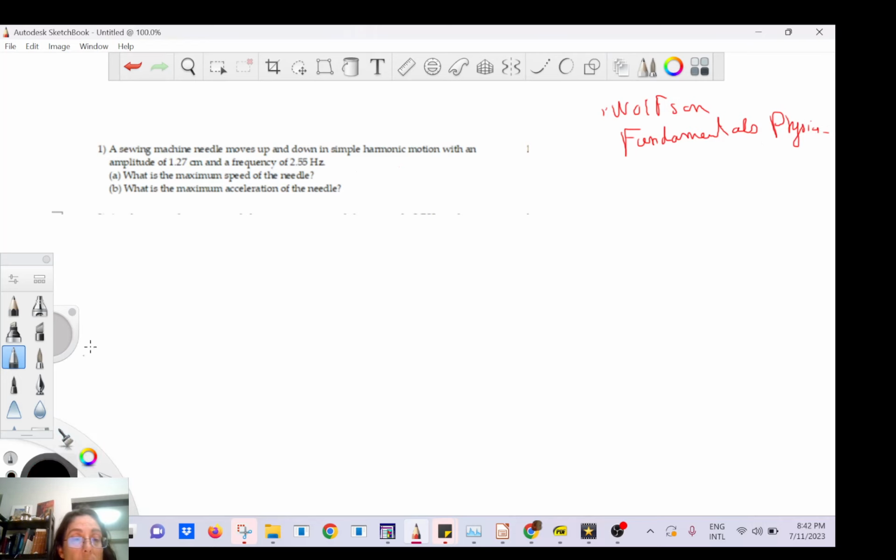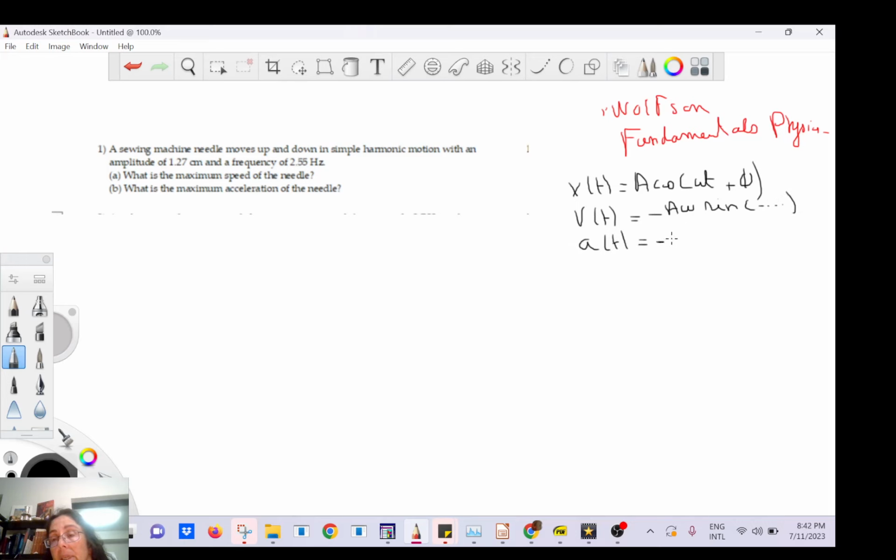Okay, let's try to apply what we have learned. So what did we learn? We learned that displacement is A cosine omega t, and then the velocity will be minus A omega sine omega t. I have to take the omega out.